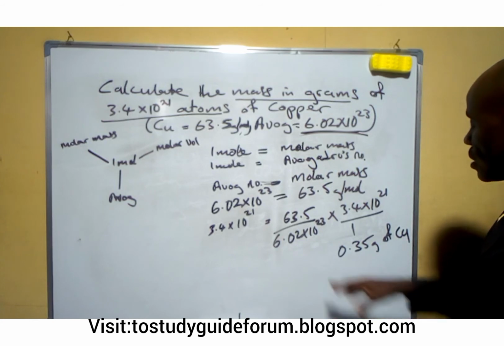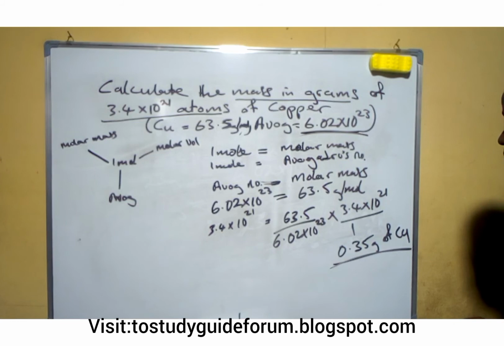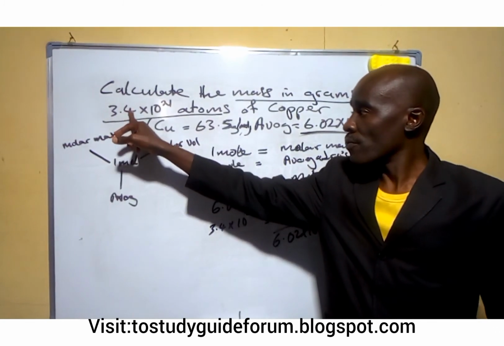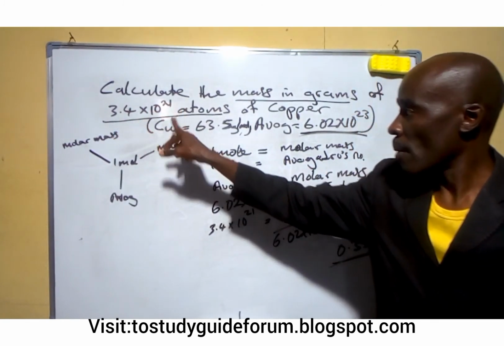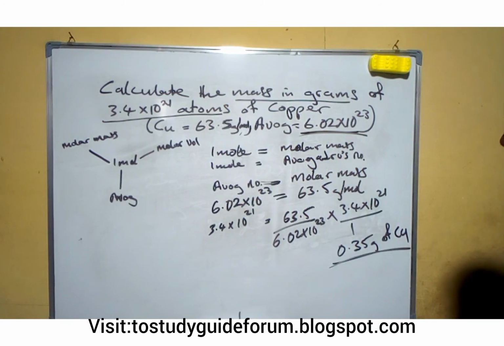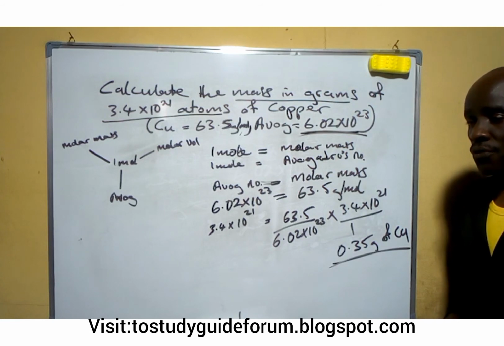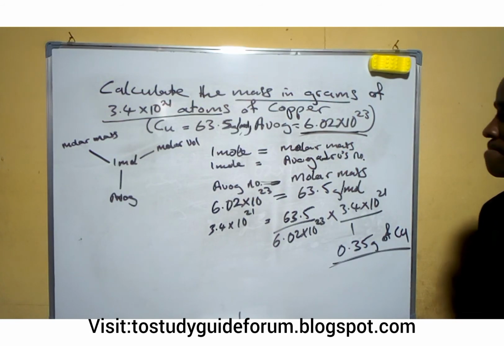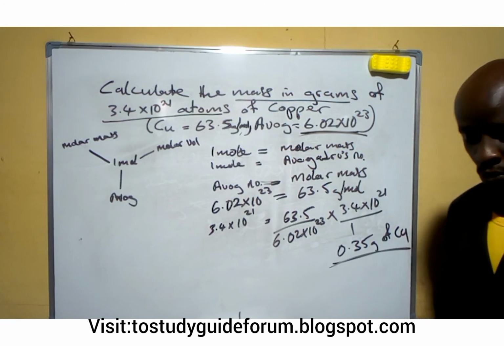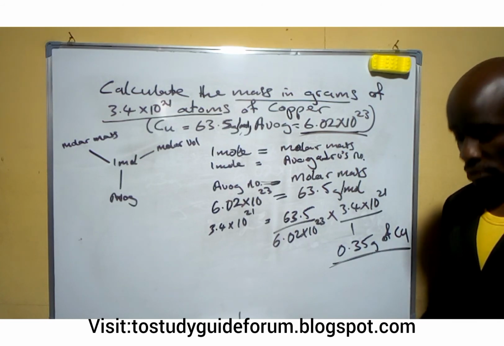So in 3.4 times 10 raised to the power 21 atoms of copper, you have 0.35 grams of copper.